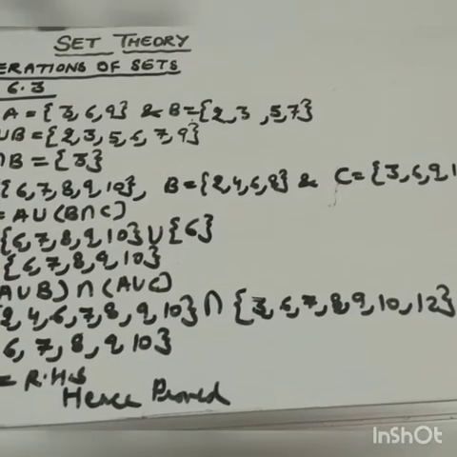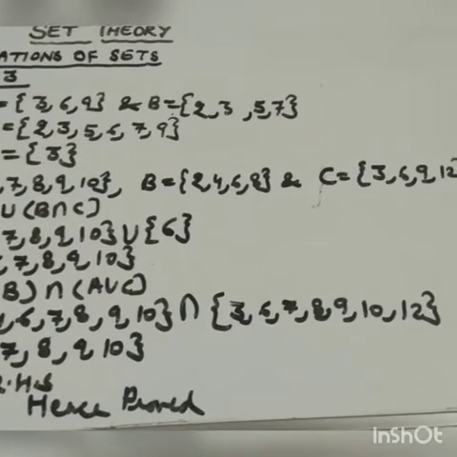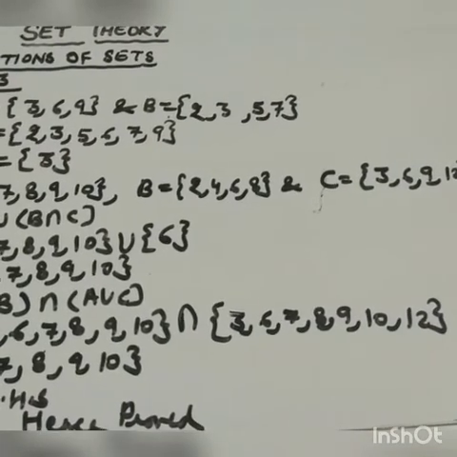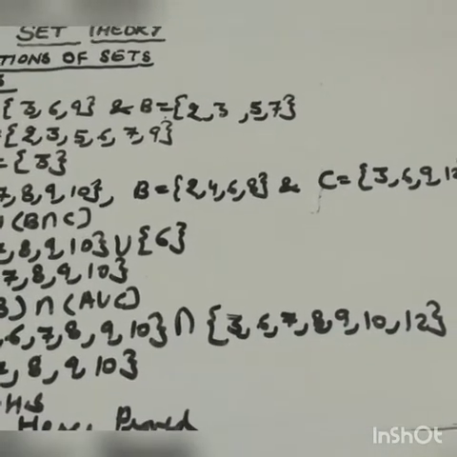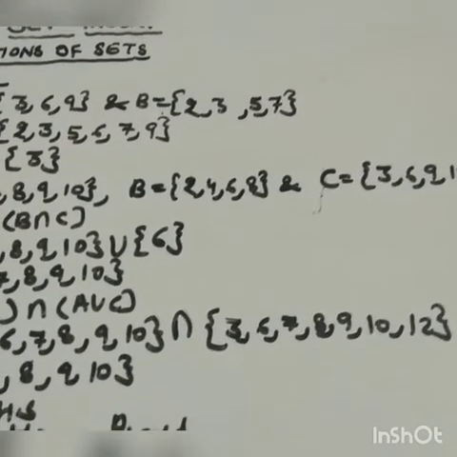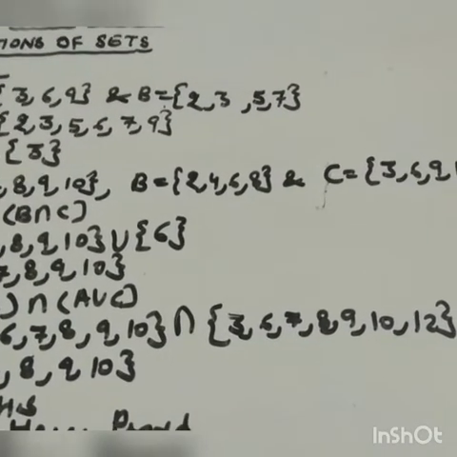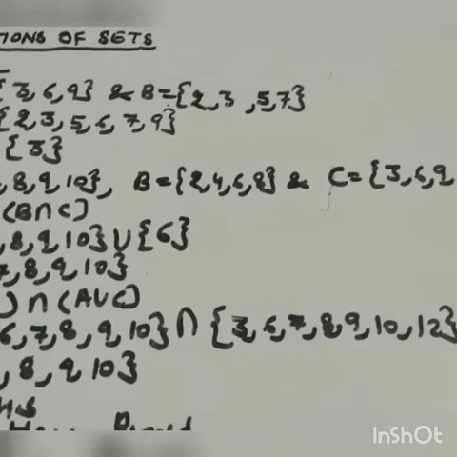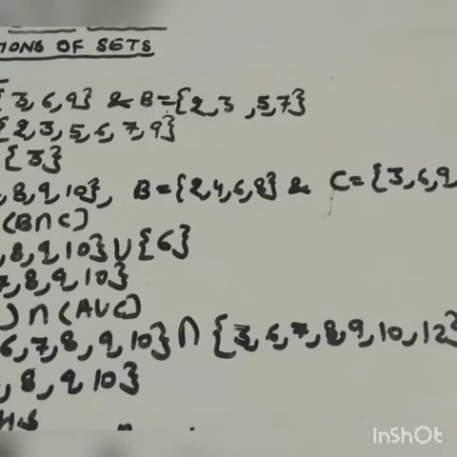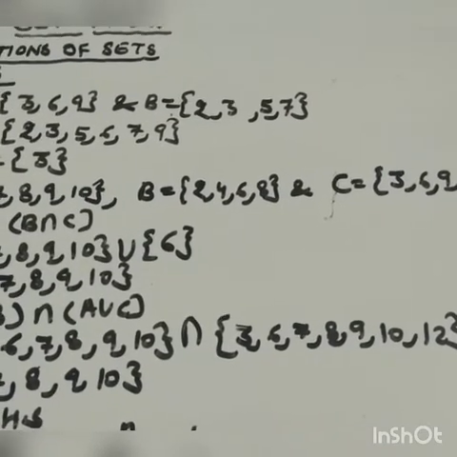So, you can start with exercise 6.3. In question number 1, A part I have done. You can do B and C. 2 is oral, no need. In question number 3, I have done A part. You can do B. Then question number 4, you can do A, C, E, and question number 5 again is oral.